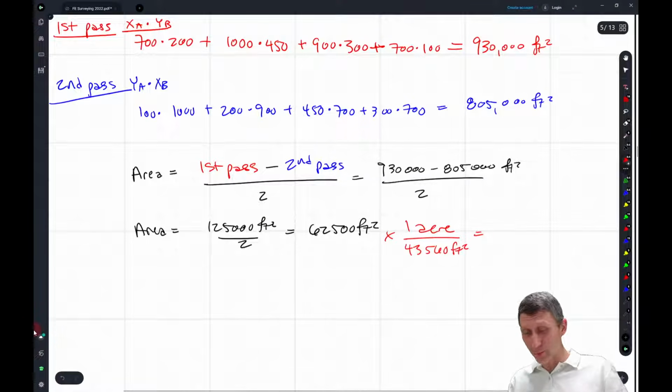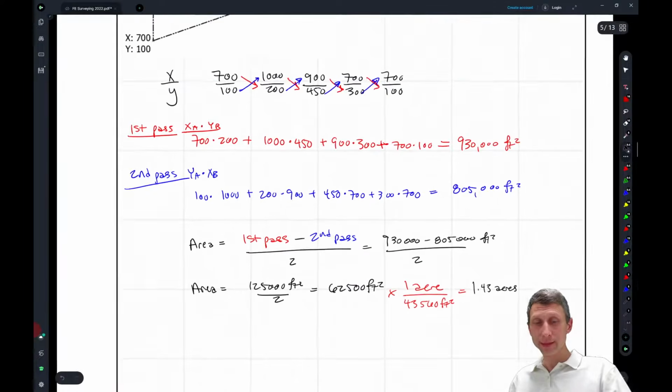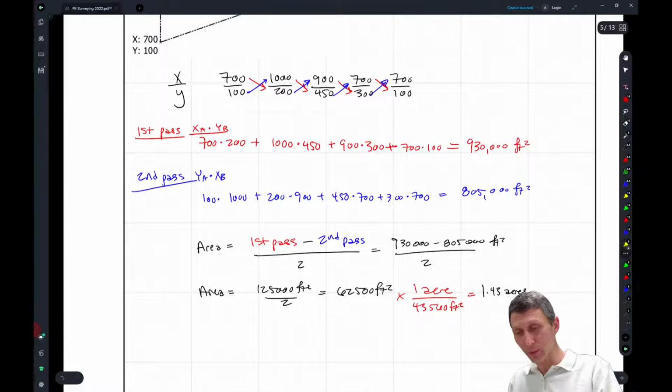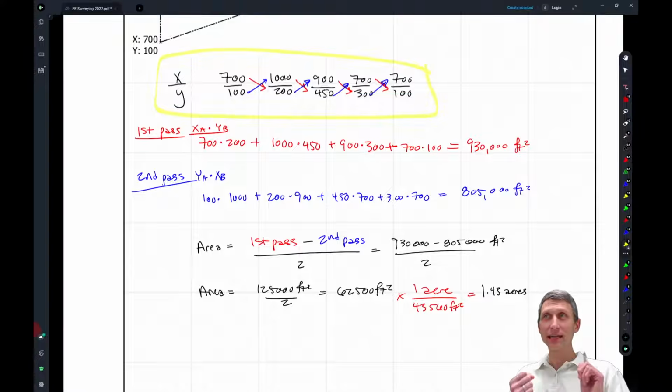But I get 1.43 acres. So I get 1.43 acres.